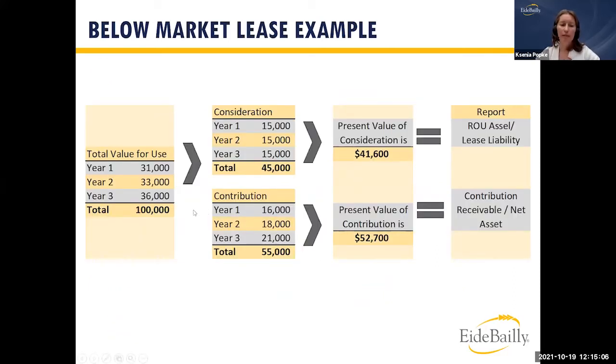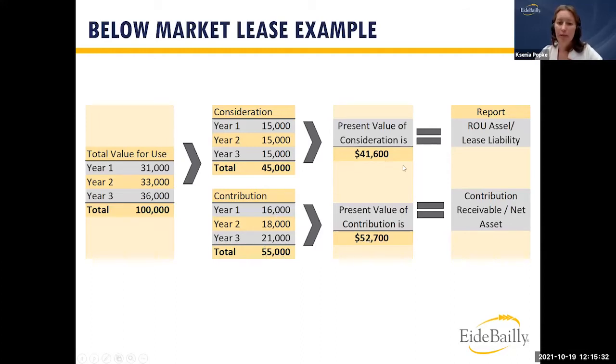So this is a quick example of some of the actual accounting, and then we'll also have some journal entries at the end to help organizations walk through this standard. But if you look at the total value of the lease, the $100,000, it is split between the consideration, the actual cash out the door, and the portion that would be considered contribution that is changing every single year.